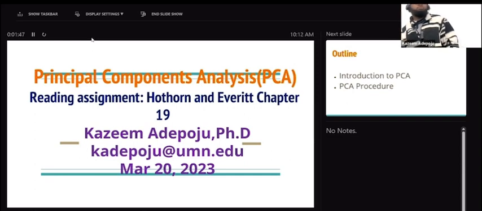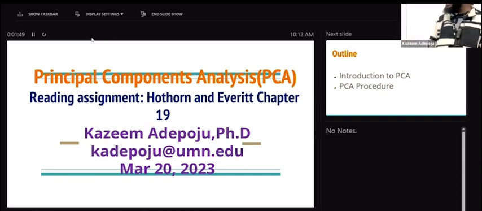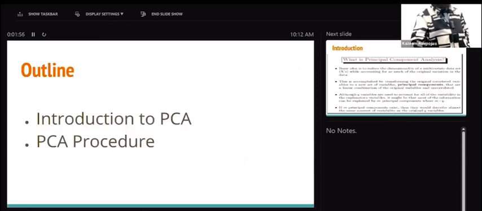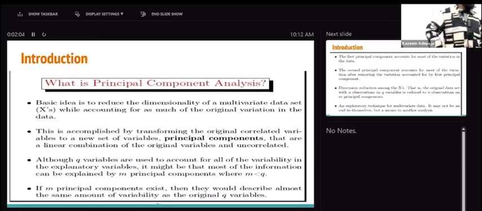This is our core topic, principal component analysis, or PCA. Okay, I'll be guided by the outline. I'm going to introduce you to PCA, then the procedure. Now, what is principal component analysis?